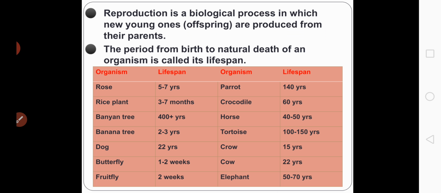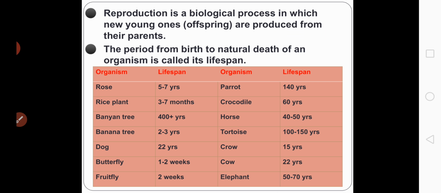Tortoise, 100 to 150 years. Crow, 15 years. Cow, 22 years. And elephant, 50 to 70 years. So these are the approximate lifespans of different organisms, and these are about the definition of reproduction and lifespan.